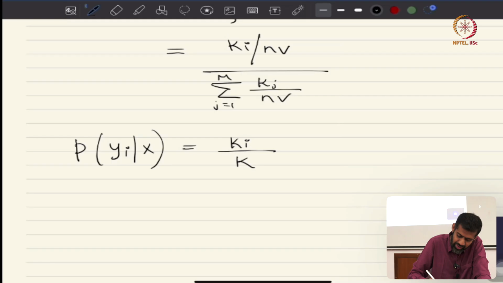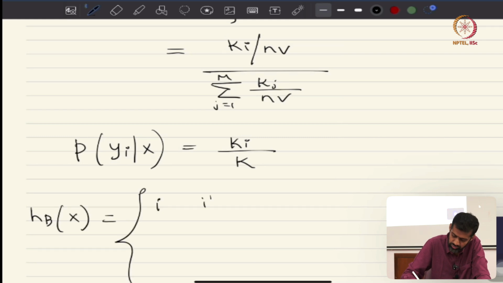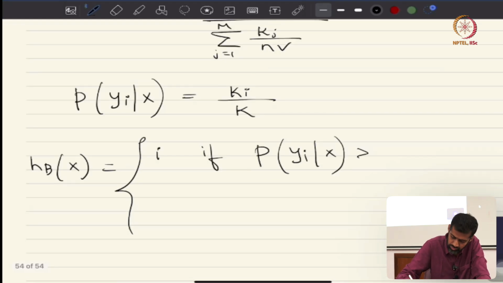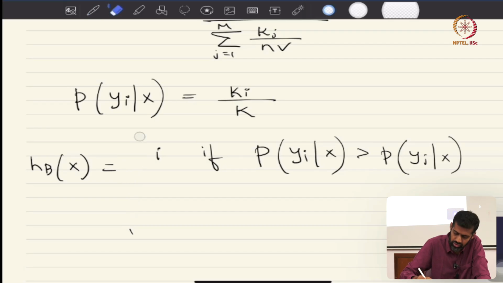Now what is the final base classifier? This is my base classifier.